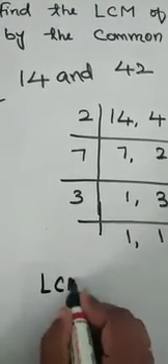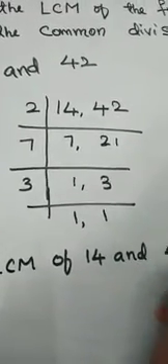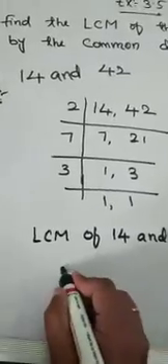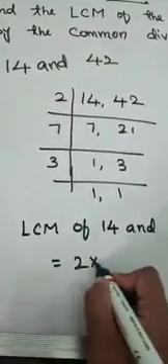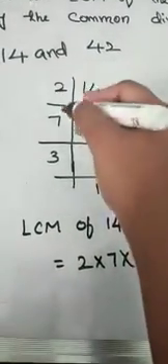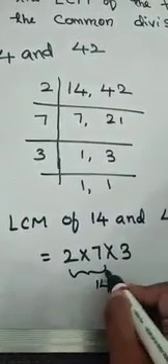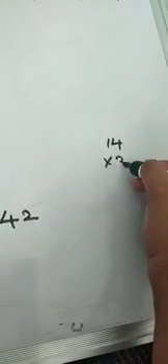We have to write the LCM of 14 and 42 equals 2 into 7 into 3. 2 sevens are 14. 14 threes are... if you don't know multiplication tables, you have to multiply like this. 14, 3 fours are 12, 2 here, 1 carry here, 3 ones are 3, carry 1 is 4, 42.